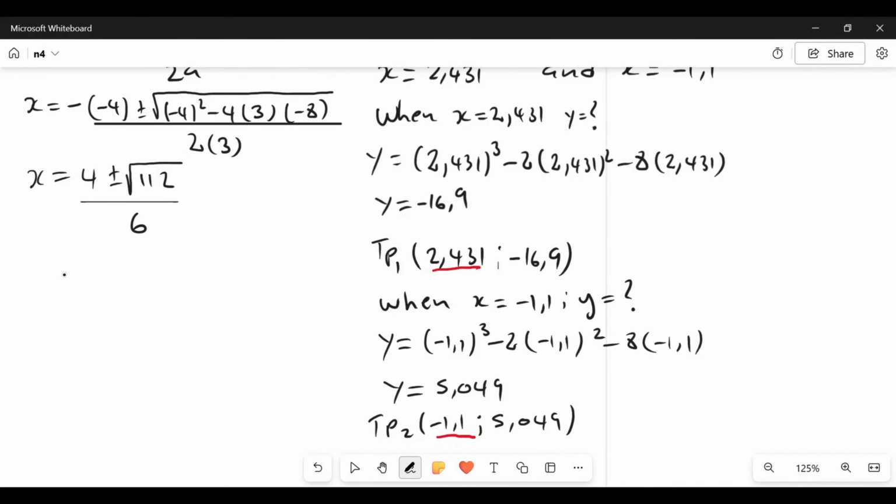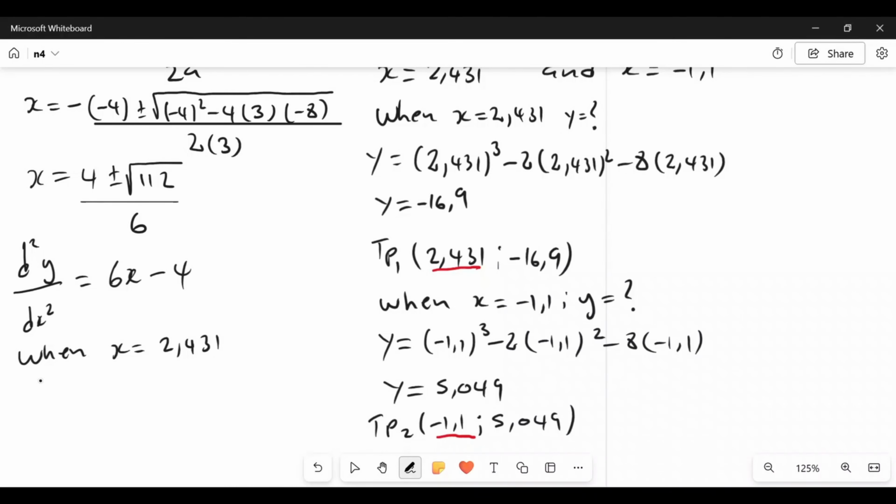So let's do it. The second derivative is d squared y over dx squared. Remember, the first derivative we had was 3x squared, so this is going to be 6x minus 4. There we go. So what we're going to do here is substitute our turning point, when x is equal to 2.431.